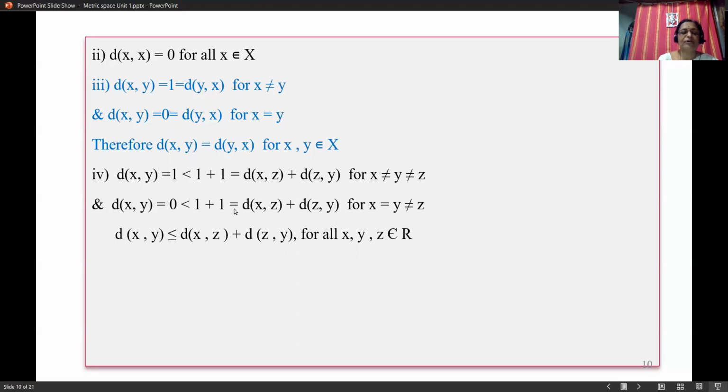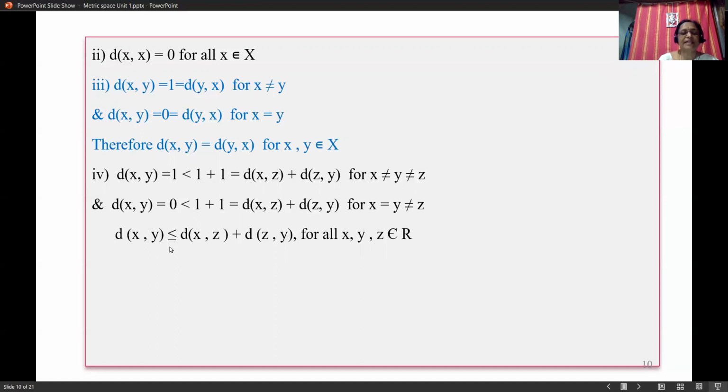And now let us consider the third point, x not equal to z and y not equal to z. So therefore, we are considering d of this one as d of xz because x is not equal to z, and this one as d of zy because y and z are also not same. And therefore, d of xy is less than d of xz plus d of zy.